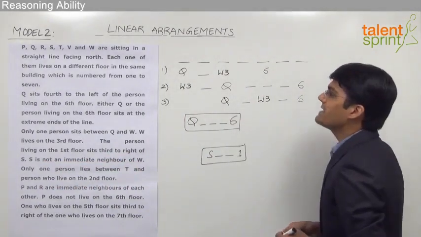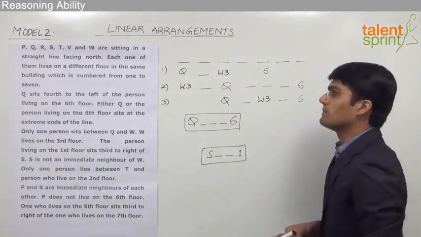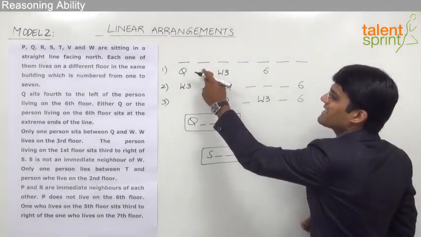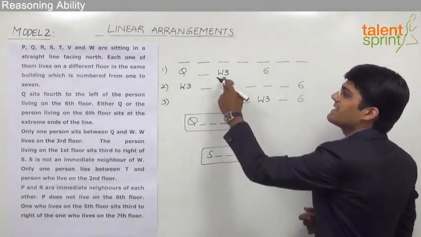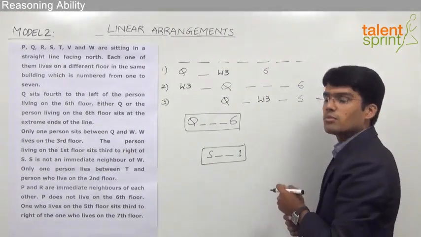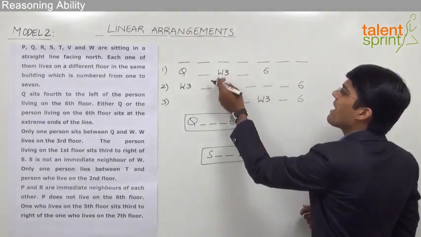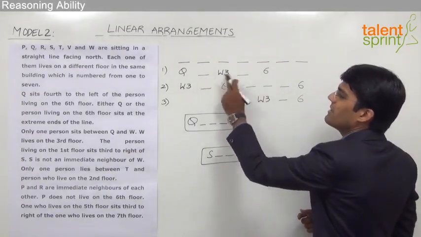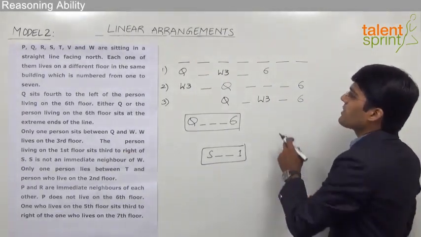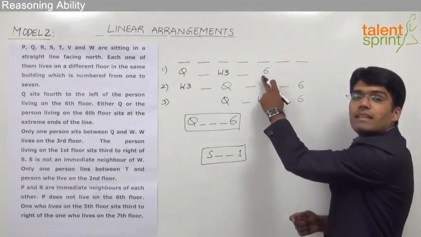Now we know that S is not an immediate neighbor of W. So if we take the first case, S cannot come in this position as it is the immediate next position of W. Similarly, S cannot come after W as S is not an immediate neighbor of W. The possibility is that S can be in this position.